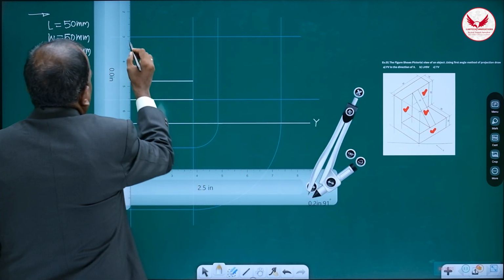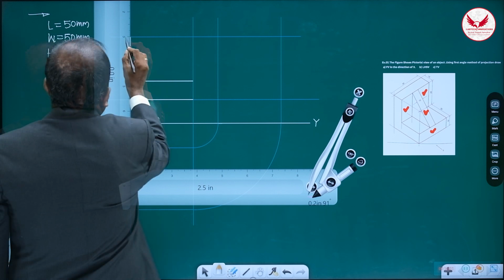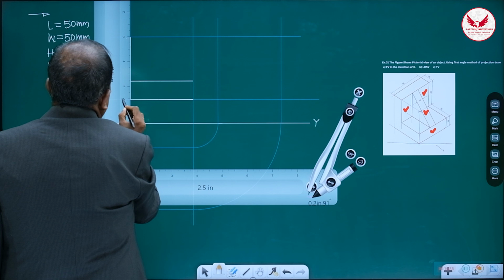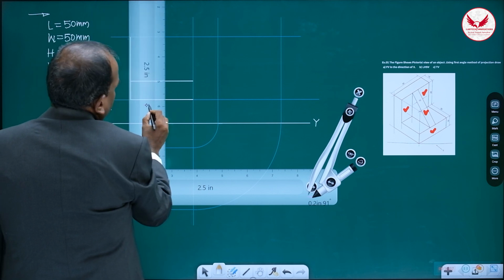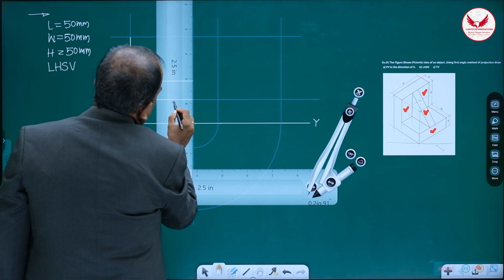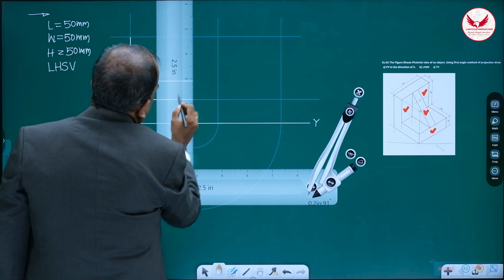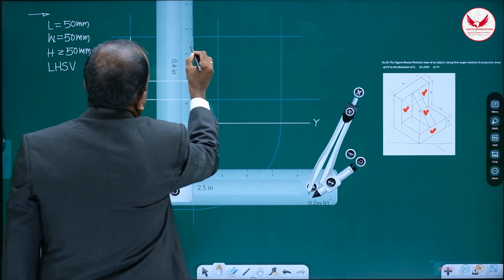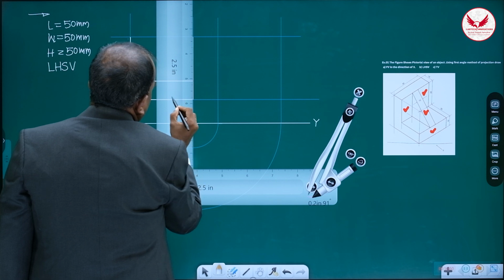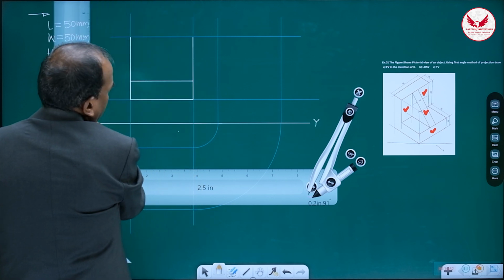Now I'll draw throughout this part like this. It is 50. Similarly on the right hand side also. So it is complete.